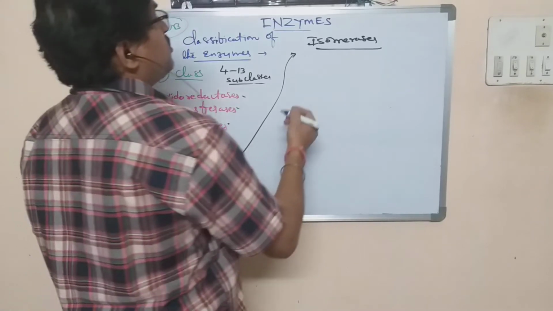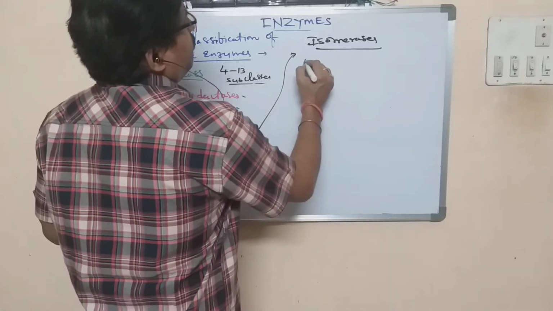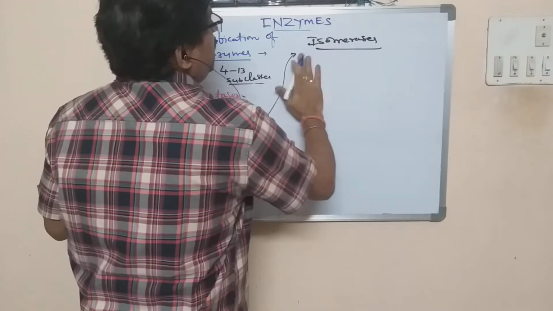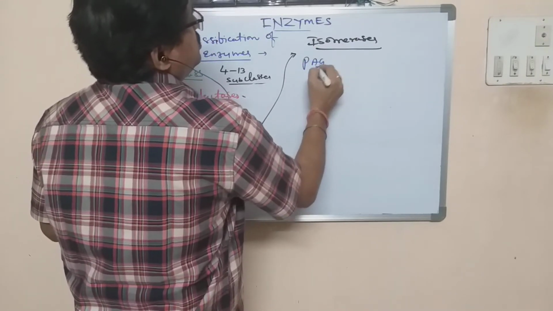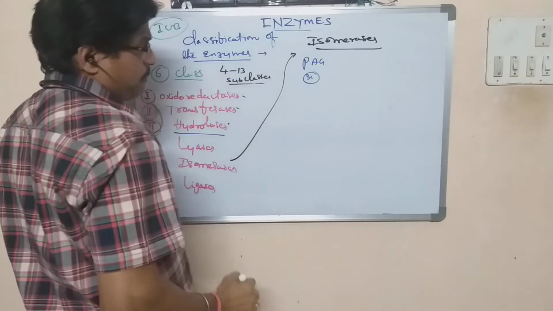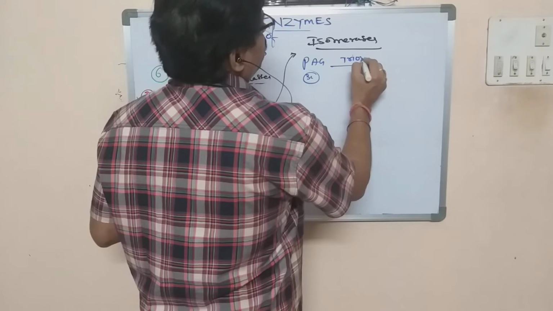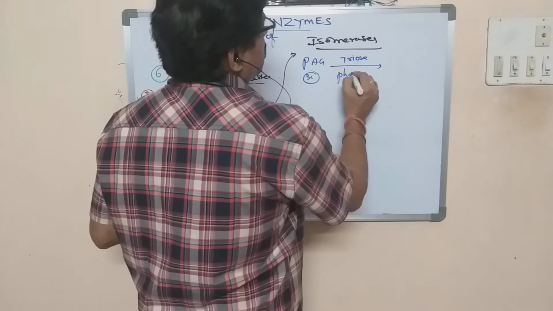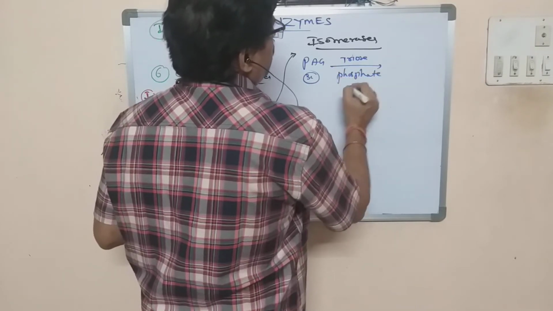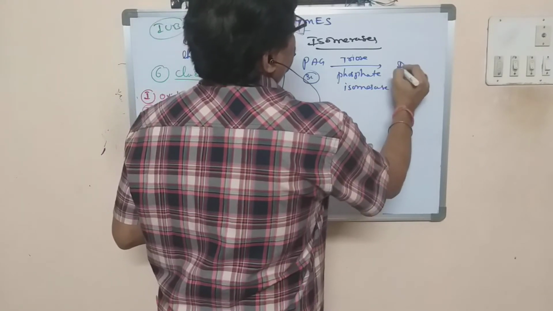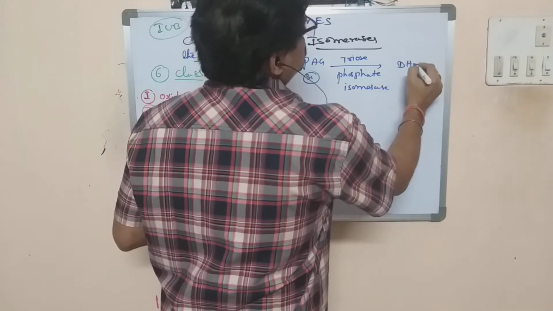There are so many examples. For example, the 3-carbon compound phosphoglyceric acid, PGA, in the presence of the enzyme triose phosphate isomerase, is converted into dihydroxyacetone phosphate, DHAP.